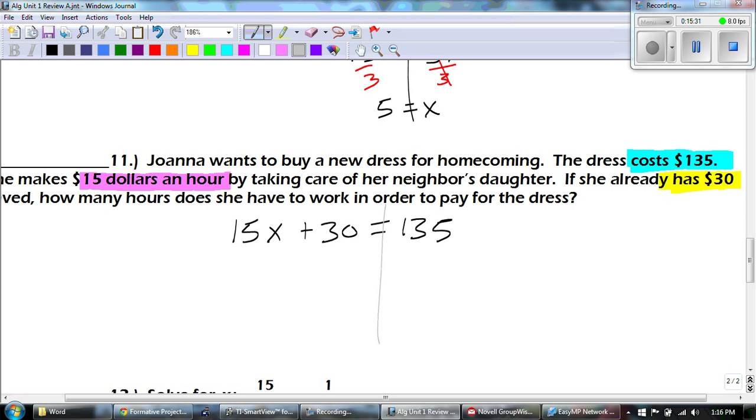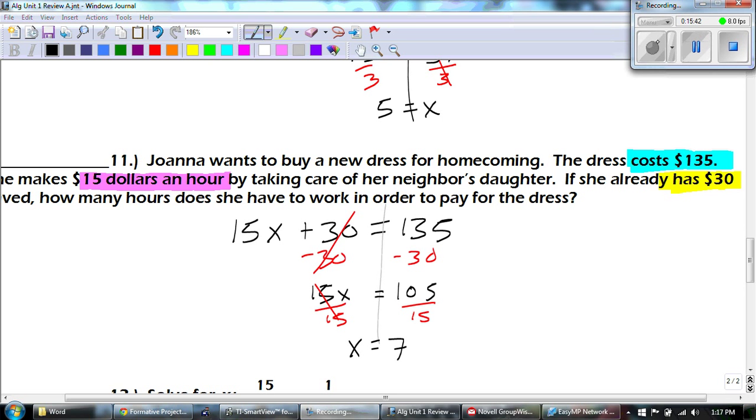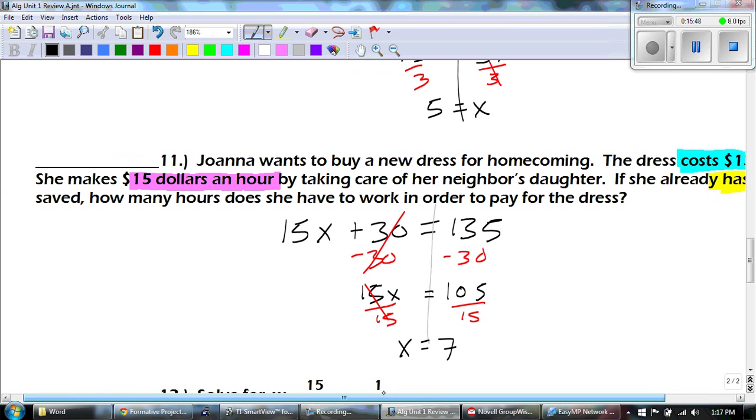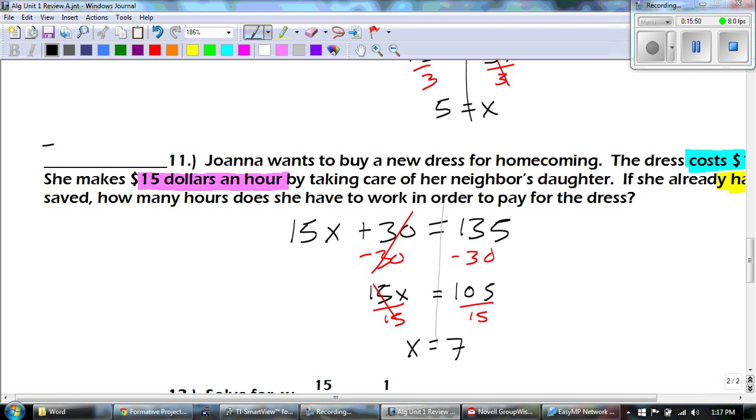Go ahead and pause the video and do it on your own. Okay, so I subtract 30, divide by 15, and we get x equals 7. And just remember, they said how many hours? So she would have to work 7 hours.